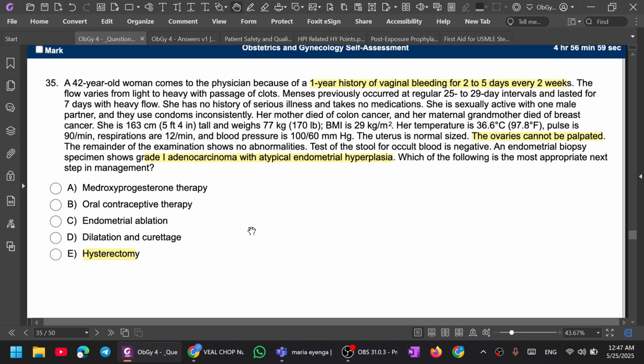It's not C and D. Endometrial ablation is a potential treatment for menorrhagia in a premenopausal woman, as menorrhagia may also be caused by endometrial hyperplasia or cancer. All women undergoing endometrial ablation should have an endometrial biopsy first to exclude the presence of these conditions, but it's for premenopausal women.